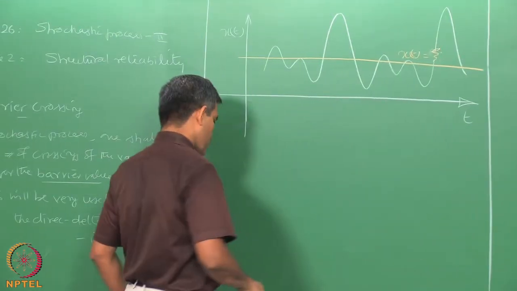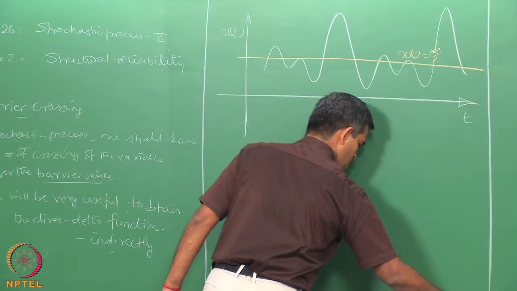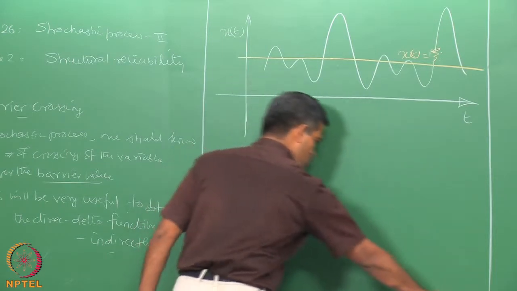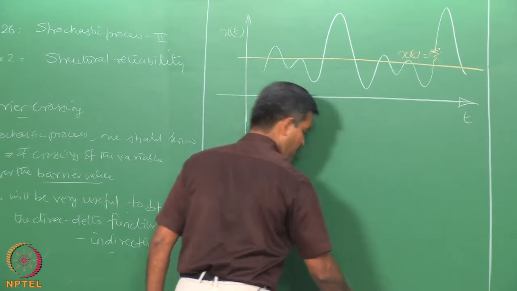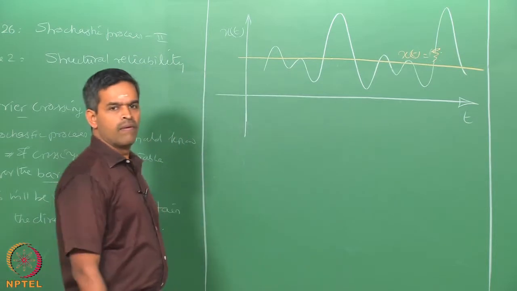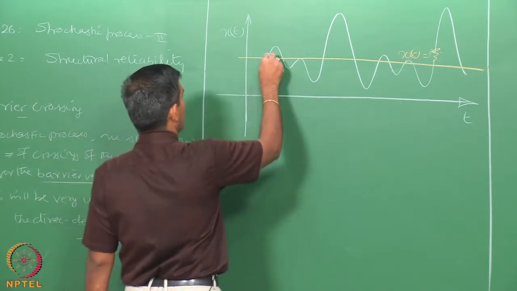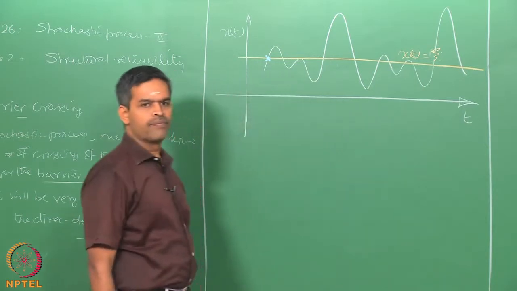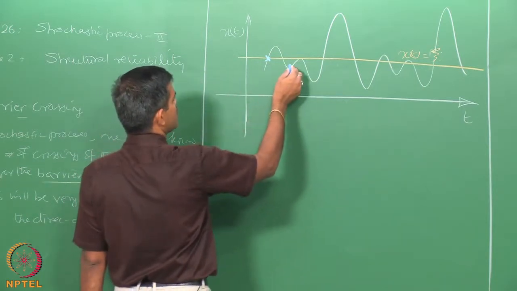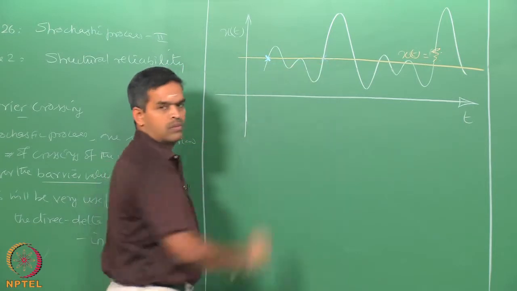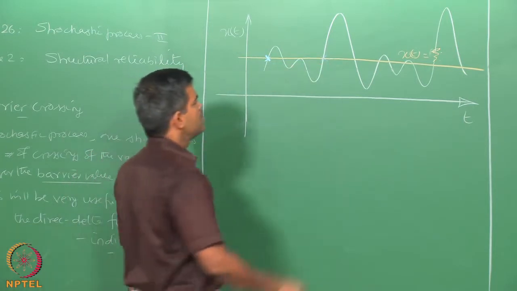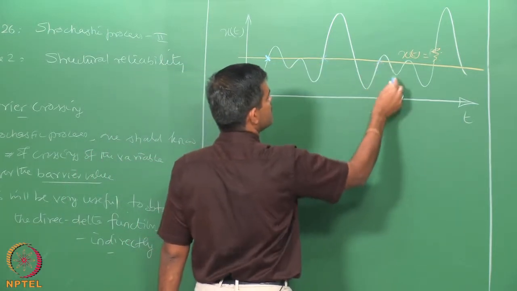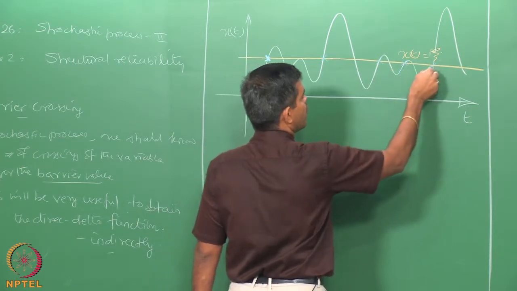Now, I want to mark the threshold crossing values. Let us say 1, similarly 2, 3, 4, 5 and so on.